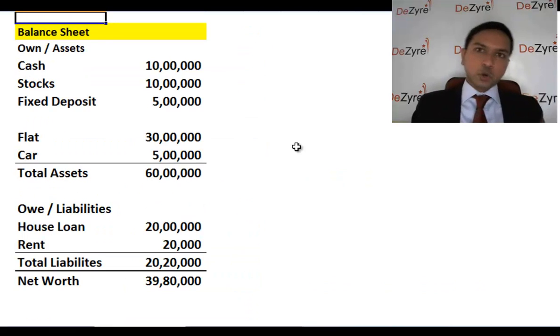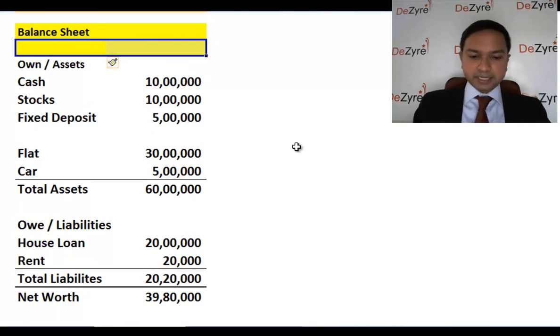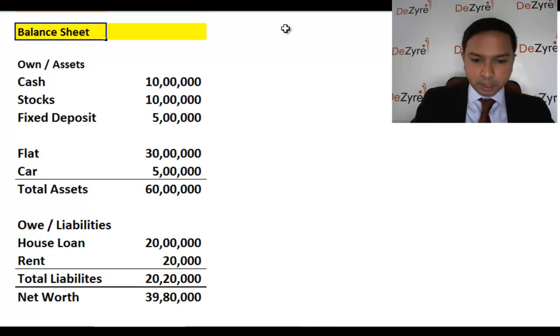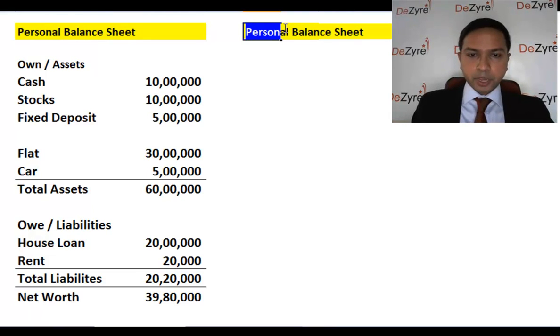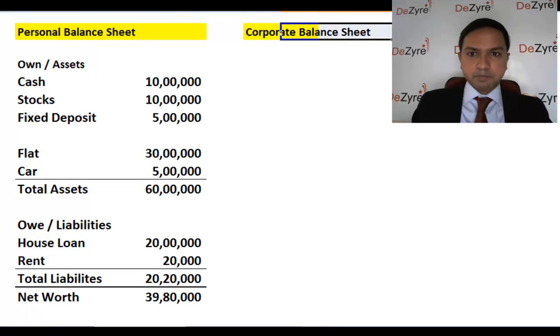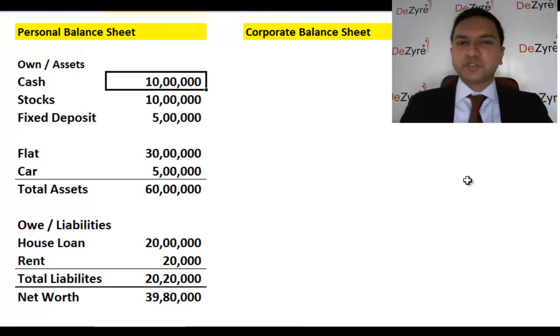A company has its own balance sheet, and I'm going to draw this side by side, so you know there is not a world of difference between your balance sheet and a company's balance sheet. I'm going to say this is your personal balance sheet, and then we're going to roughly look at a company's balance sheet. All right. So hopefully that is intuitive enough to you.